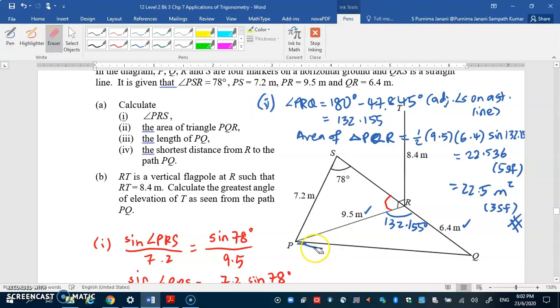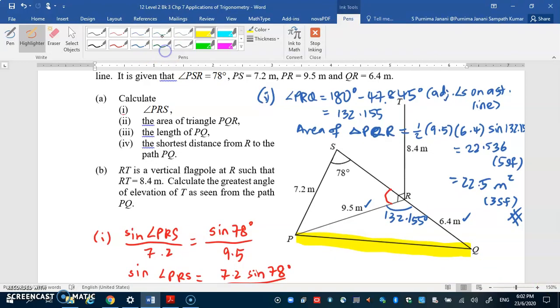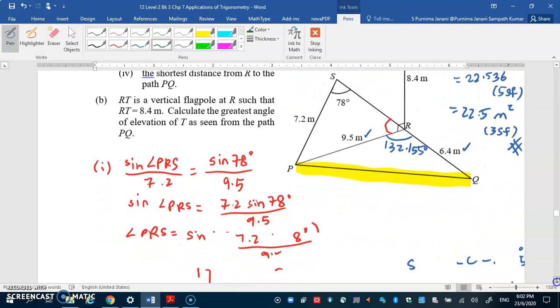Okay, for part 3, we're supposed to find the length of PQ. PQ is over here. We already have the two sides over here and the angle in between. So to find PQ, we simply have to use cosine rule. Let's form the equation and then we manipulate from there.